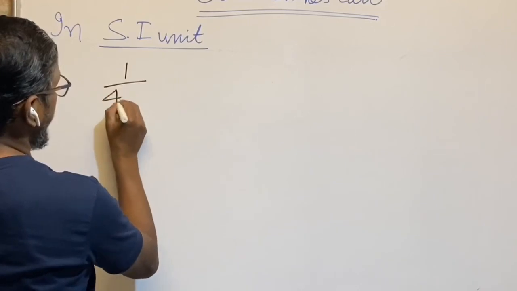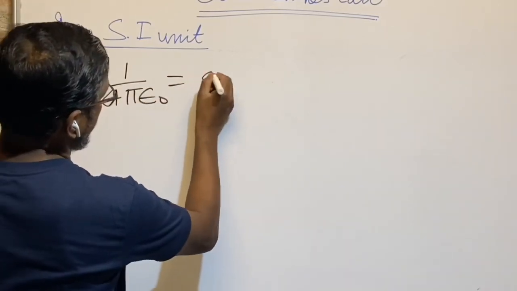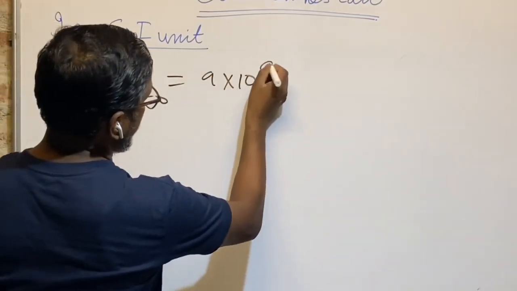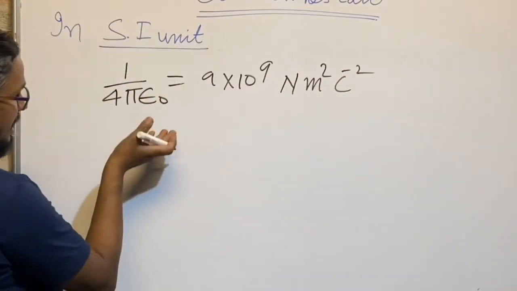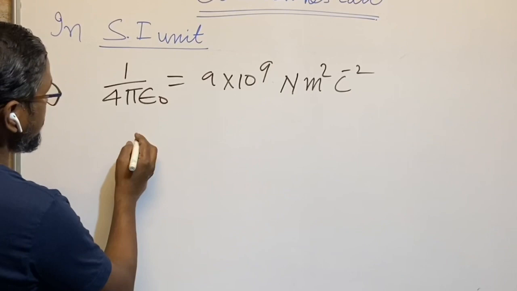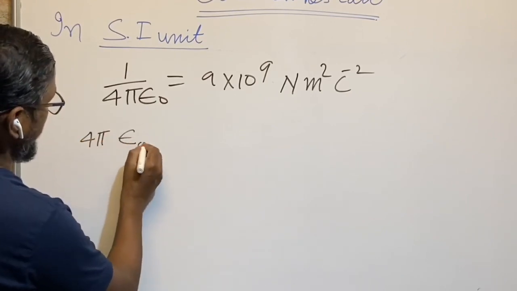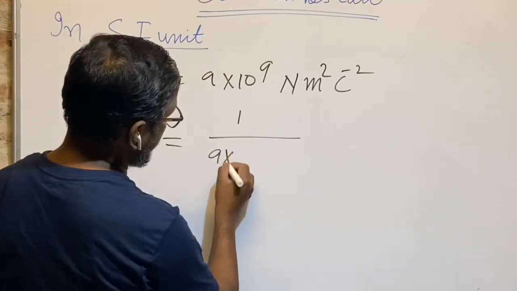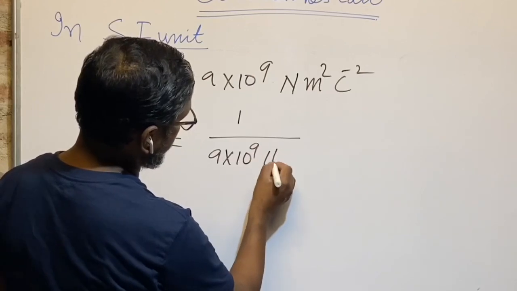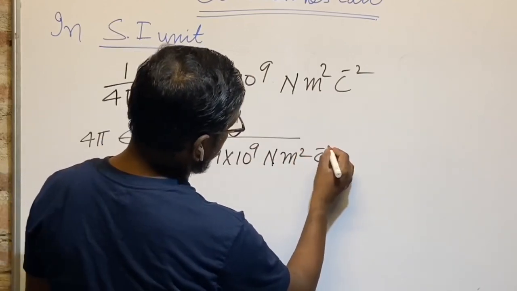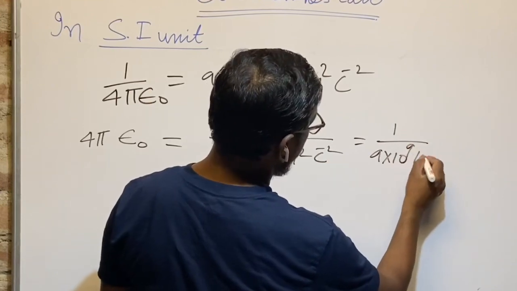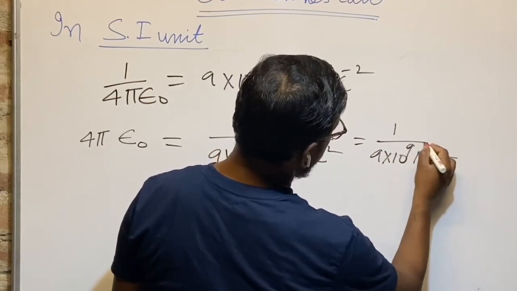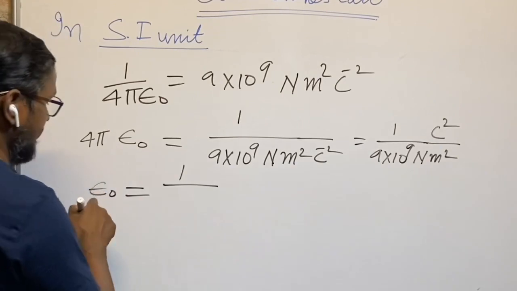1 by 4 pi epsilon naught is equal to 9 into 10 to the power 9 Newton meter square per Coulomb square. From there we can find the value of epsilon. 4 pi epsilon naught will be 1 by 9 into 10 to the power 9 Coulomb square per Newton meter square.